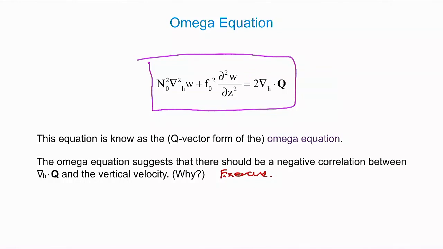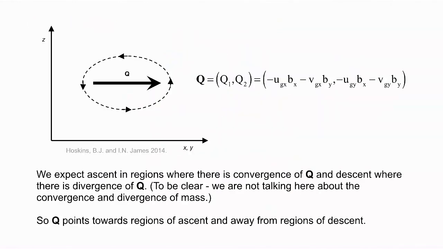So if I knew what Q was, say it was just this localised vector, then it would be convergent on this side and divergent on that side. Here's a perfectly good vector, 0 out here, 0 out here, convergence on this side.